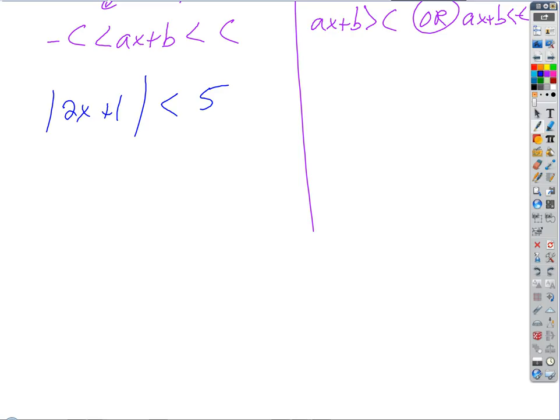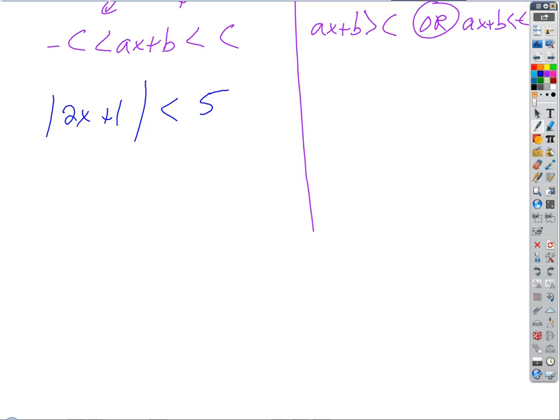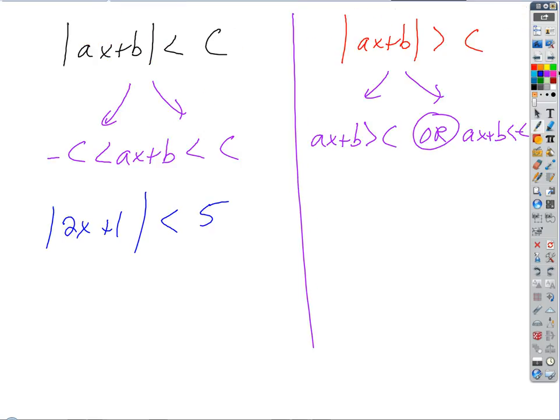Drew, what am I going to do there? If I have the absolute value of something less than a number, then whatever is inside the absolute value goes in the middle, and we do a compound and inequality. So what's in the middle has to be pinched between, or greater than, the negative value and less than the positive value.